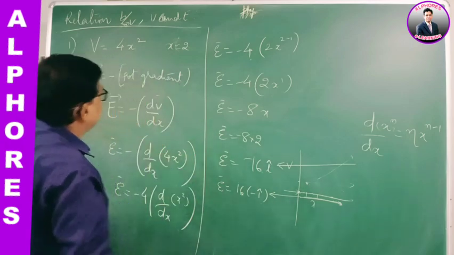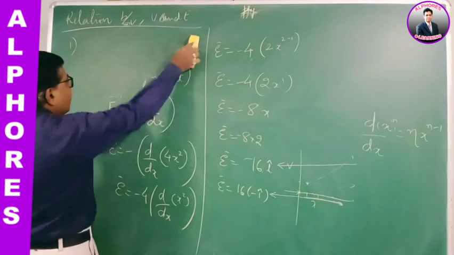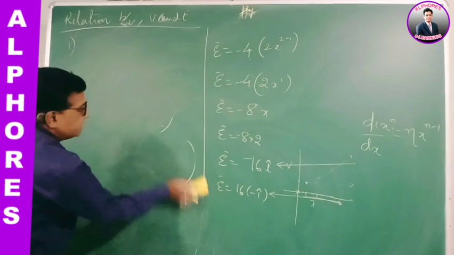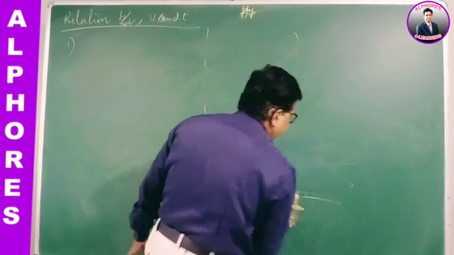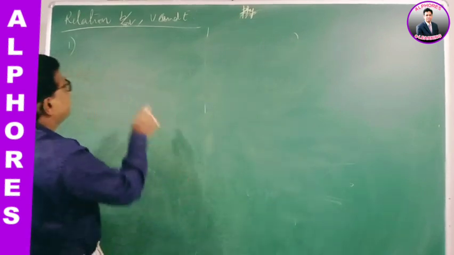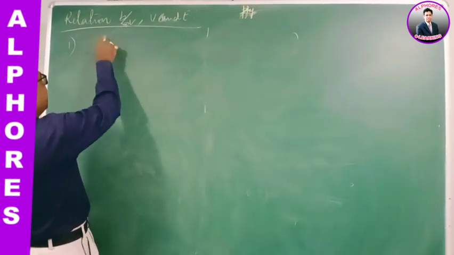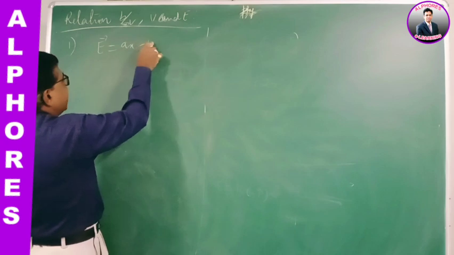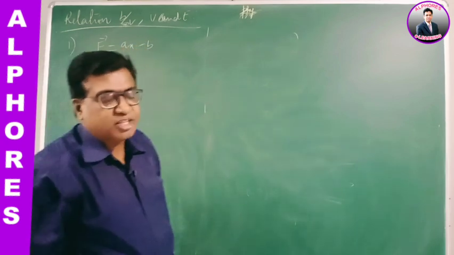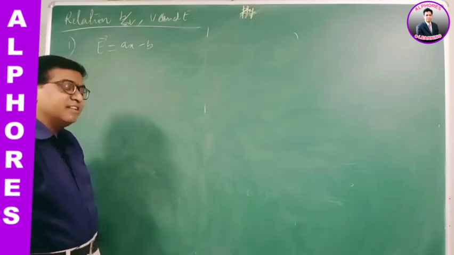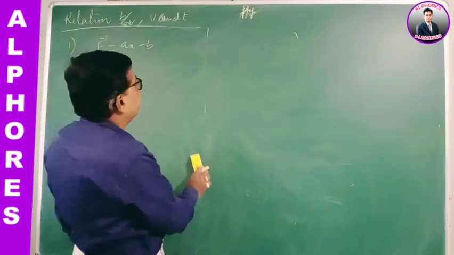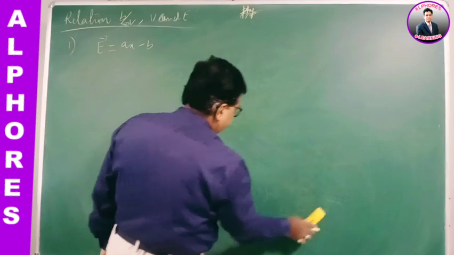Similarly, suppose the same thing is given in other terms: the electric field at a place varies as E equal to Ax minus B. Then he is asking to find the potential difference between 2 points, or the potential at a point considering the initial point at infinity, where the potential is 0.